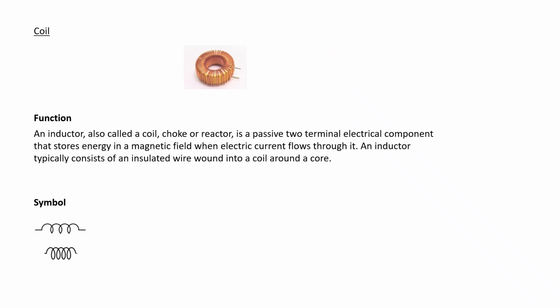An inductor, also called a coil, a choke, or reactor, is a passive two-terminal electrical component that stores energy in a magnetic field when electric current flows through it. An inductor typically consists of insulated wire wound into a coil around the core. And here are 2 symbols at the bottom that we can use to indicate it.